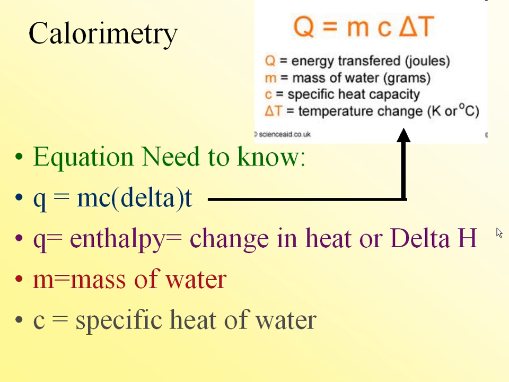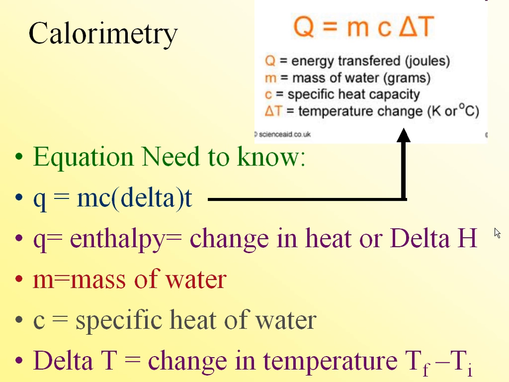C is the specific heat of the water. Delta T is change in temperature, where you have T final minus T initial. That will give you the change in the temperature.